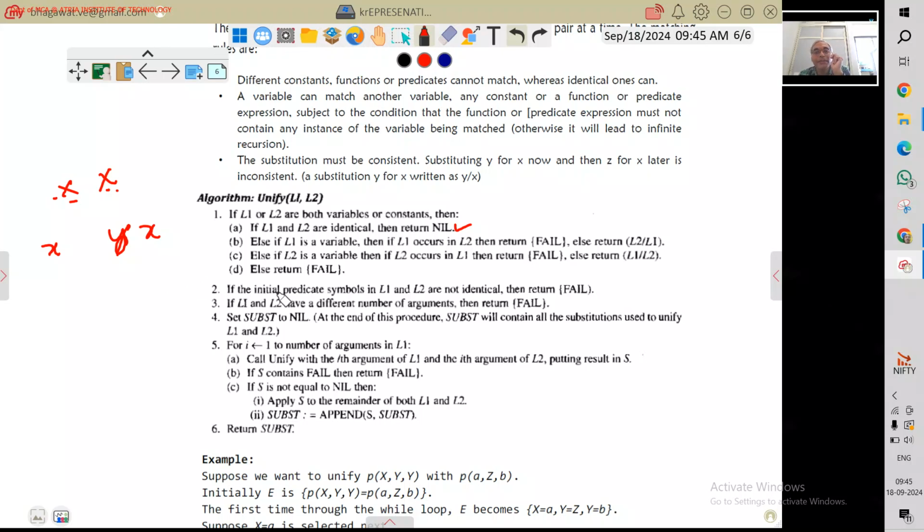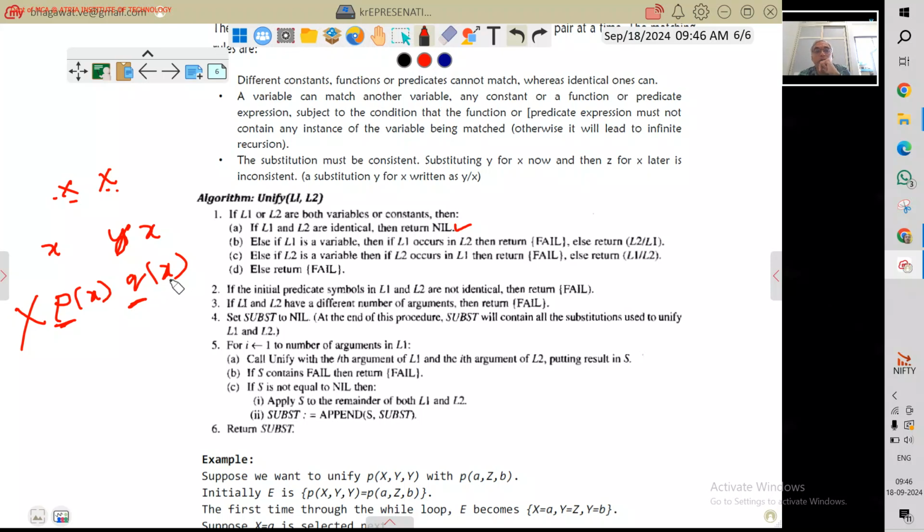Now the second step says, if we are talking about predicates, and the initial predicate symbols of L1 and L2 are not identical. So if you have got a predicate, one is P of X and the other one is Q of X, and they are not identical, one is P and one is Q, you cannot apply the resolution, so we will return fail. If L1 and L2 have a different number of arguments, then we return fail.